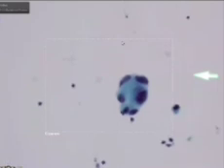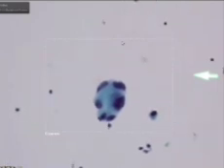Your comment there, this looks very gland-like. Yes, it kind of does, right? Sometimes we'll see some features here which kind of help us. More often your mets are glandular.